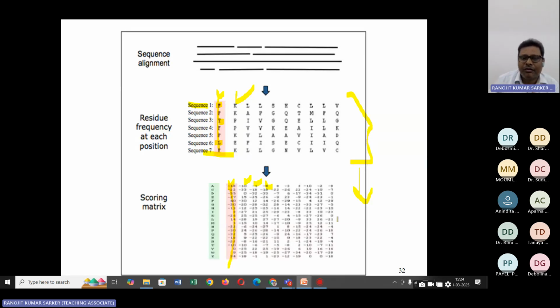So that's why, instead of using a particular sequence, many times we use profiles as input. You can assume that in your class, you ask what the performance of the class is.